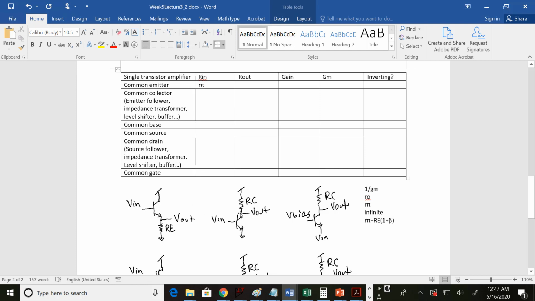For your R out, you see RC at the collector. Remember the quick method: you ground the input, sit on the output, and see how many paths to ground, and there are 2. There's one through the transistor where you hit the collector, and one through RC.